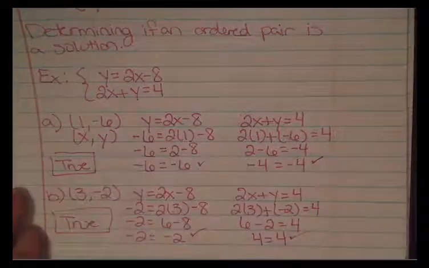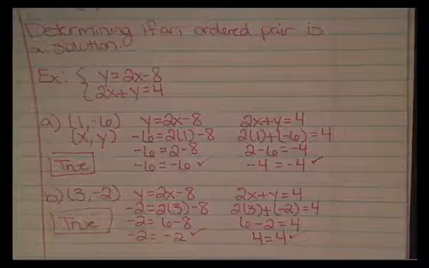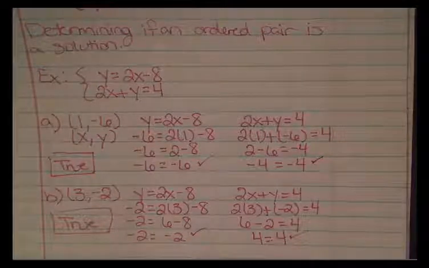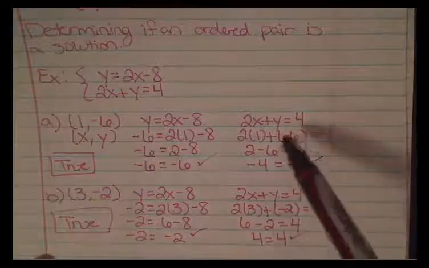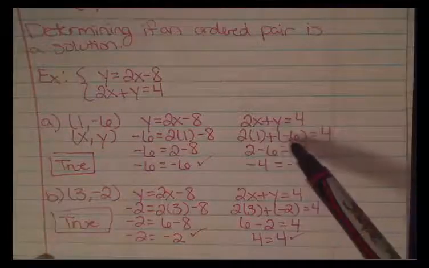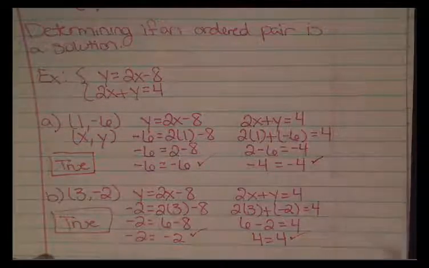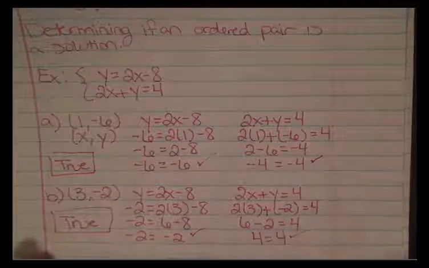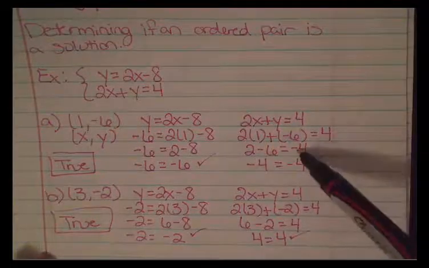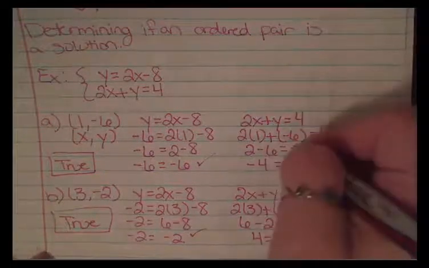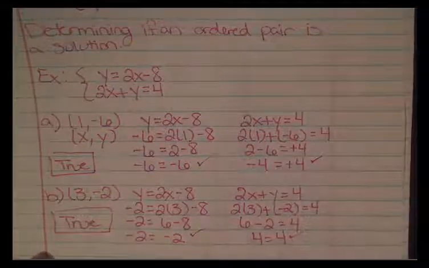Sorry, in my notes I must have worked the first problem wrong. Up here, I added a -4 over here. That's supposed to be a +4. Right there, very important to keep track of your negatives.